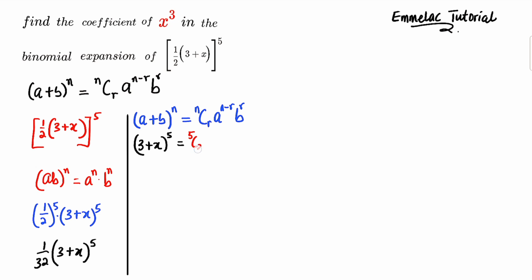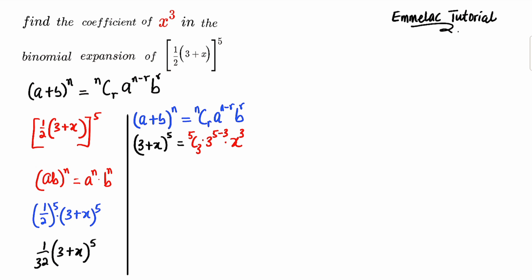Our a is 3, so that will be times 3 raised to n minus r, which is 5 minus 3. Then our b is x, raised to r, which is 3.